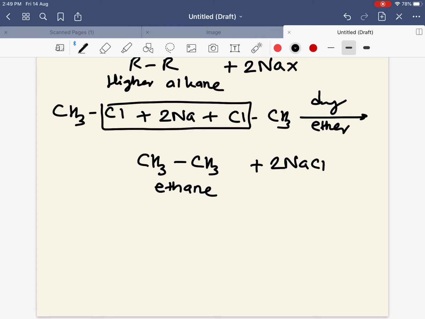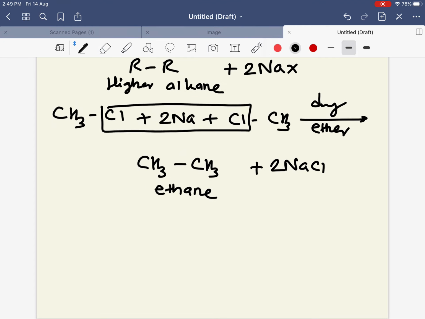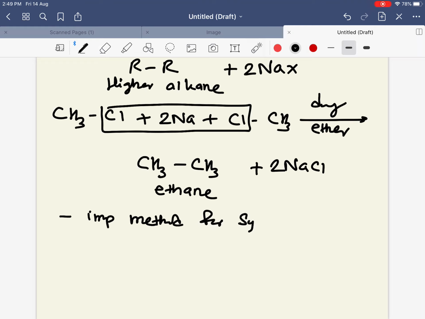So this Wurtz reaction is an important method for the preparation of symmetrical alkane. By using this method we can prepare symmetrical alkane.